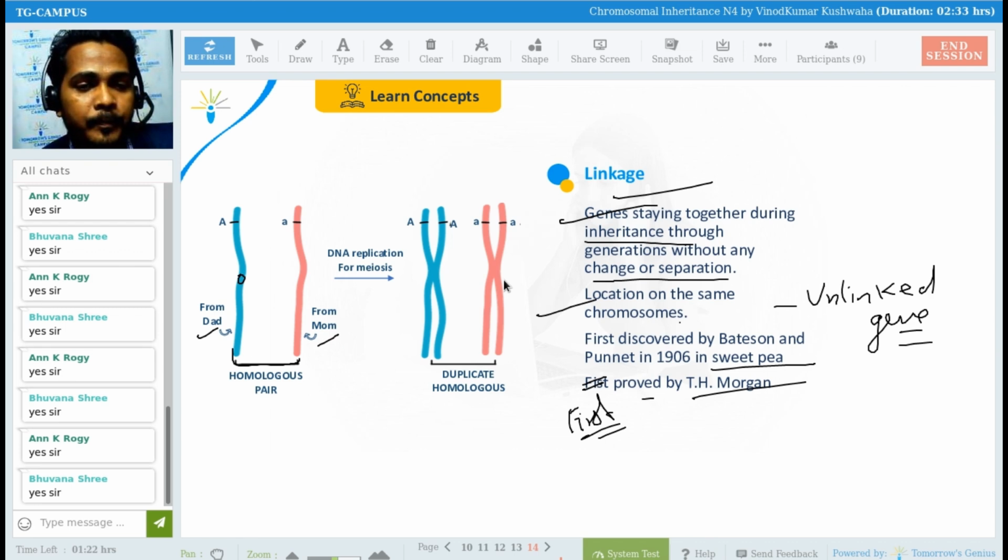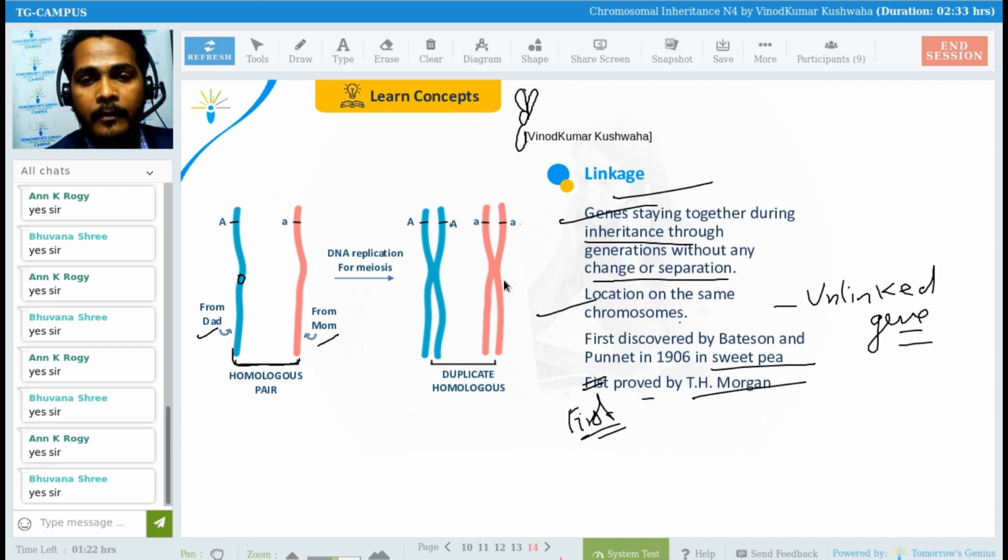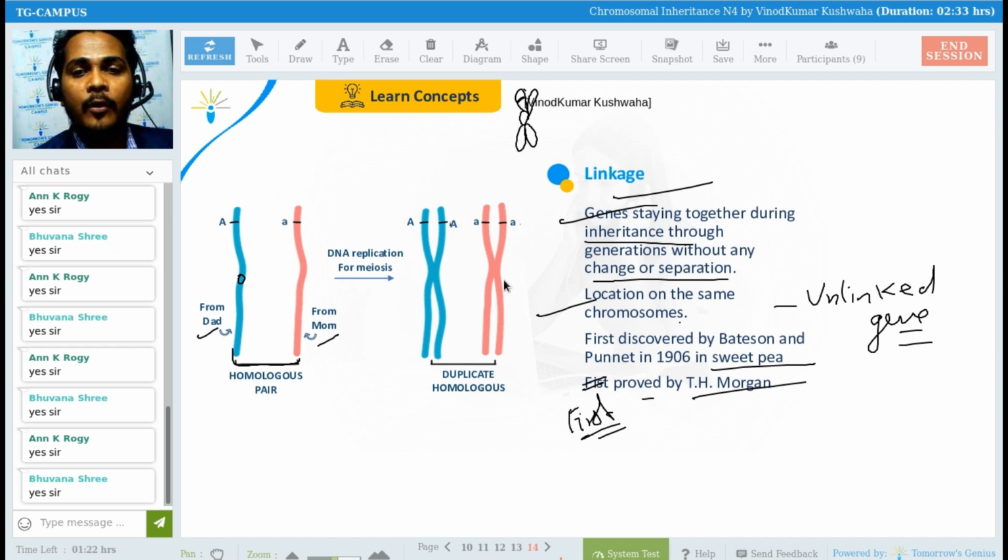Which is linked with what, sir? See, linkage means, let me tell you, this is one particular chromosome, right? Just focus over here. This is one particular character, or we can say the trait or alleles.